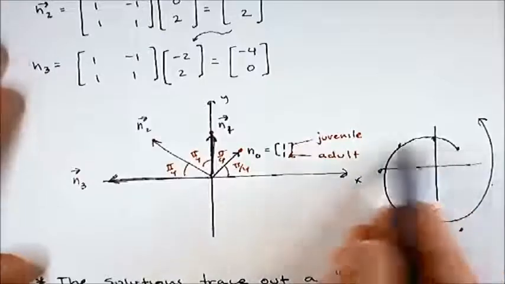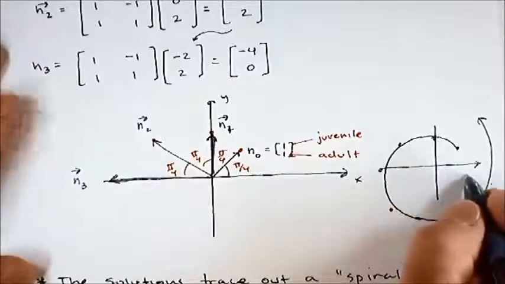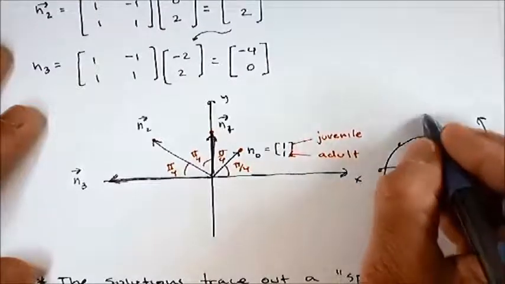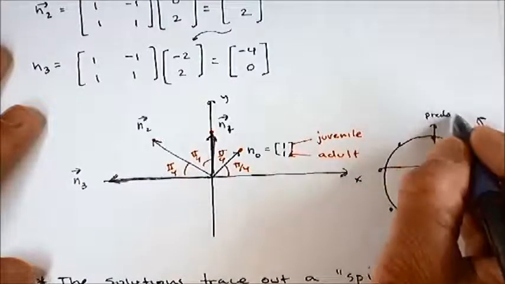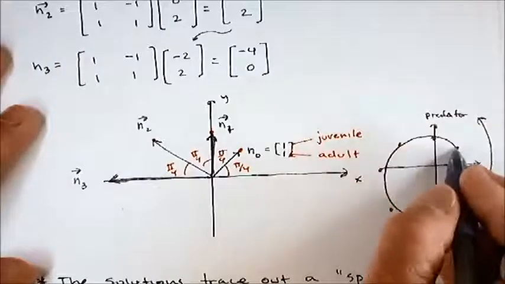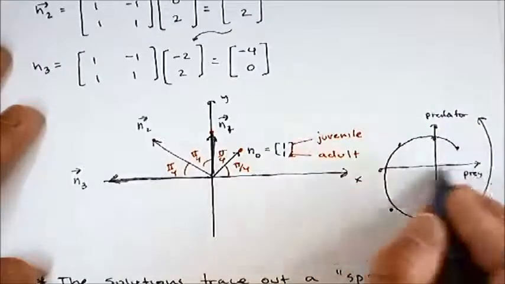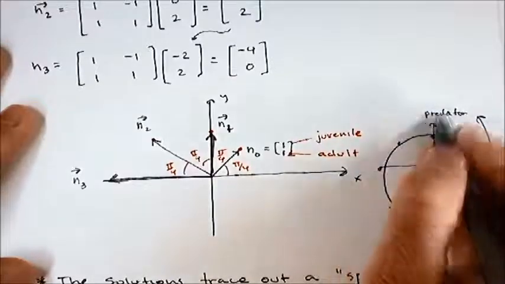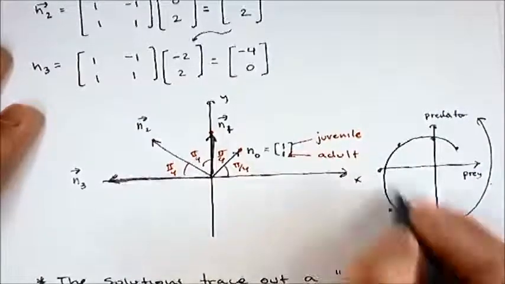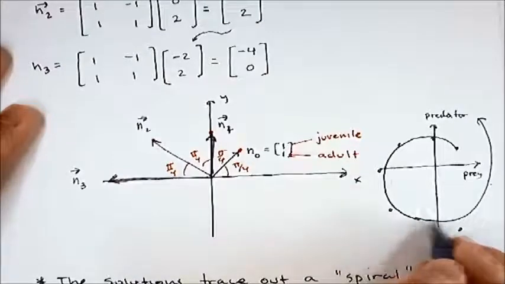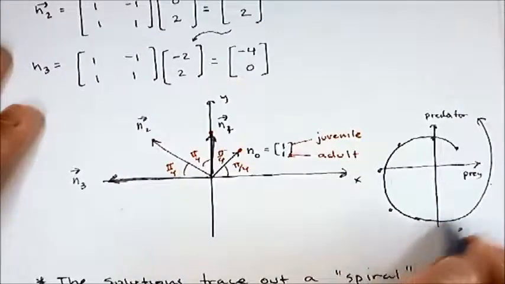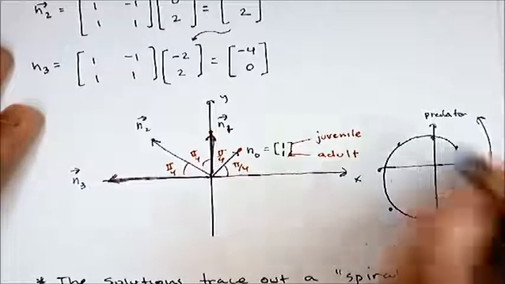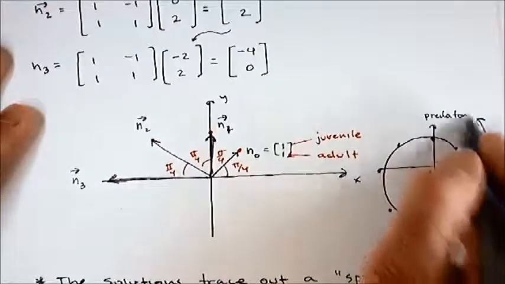If the x-axis represented your prey population, and the y-axis represented your predator population, as you move around the circle, notice your prey population is decreasing. And once your prey population decreases, what happens to your predator population? It decreases too, huh? But as your predator population decreases, now your prey population is getting bigger because your x is getting bigger. And as that happens, your predator population starts to get bigger.